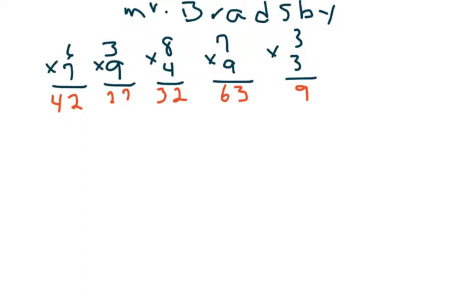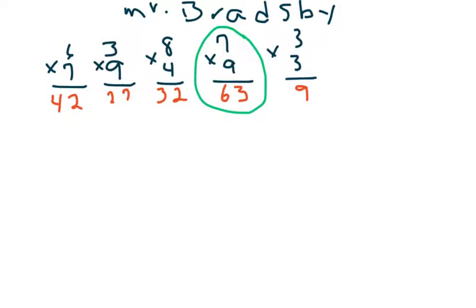Here are the answers. You can take a quick look at them and see if you worked them correctly. While you're doing that, I'm going to take this problem here, okay? 7 times 9 is 63.